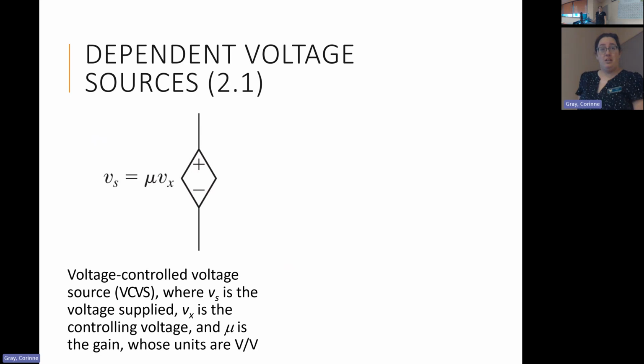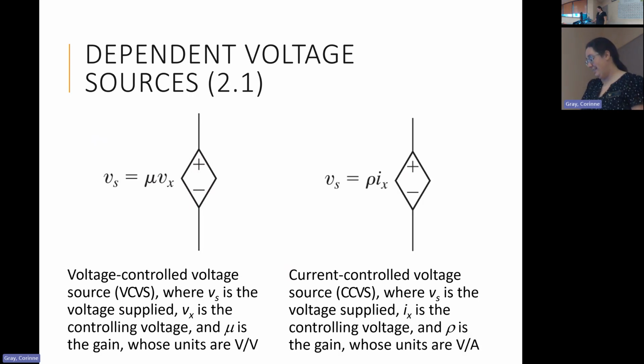If you're curious what the abbreviation is for one of these, it's VCVS. You can call it whatever you want, but it's a dependent voltage source that depends on a voltage. If it depends on a current instead, a current controlled voltage source, or CCVS, the equation looks different.